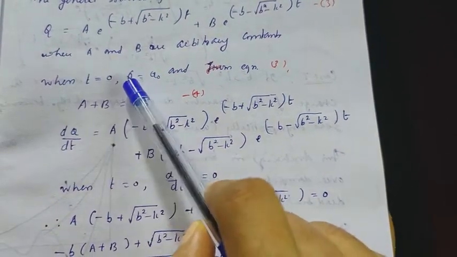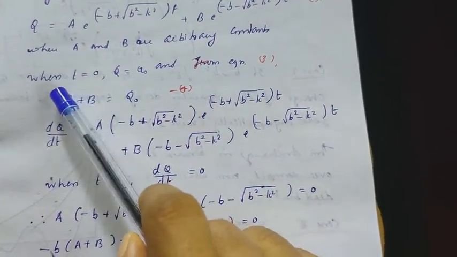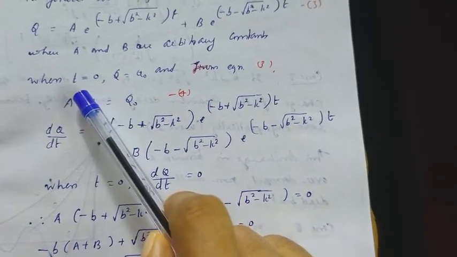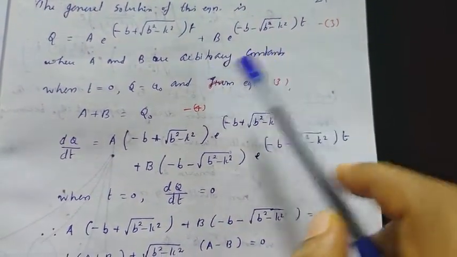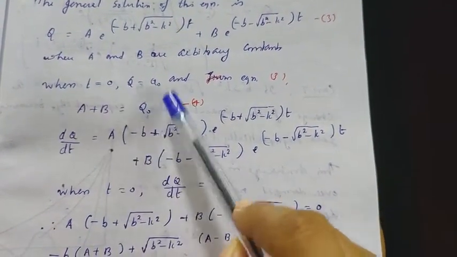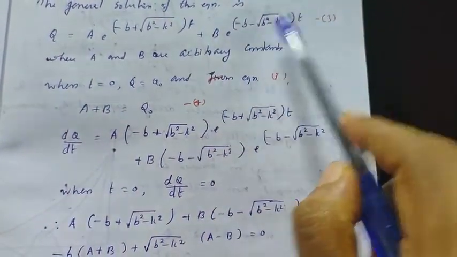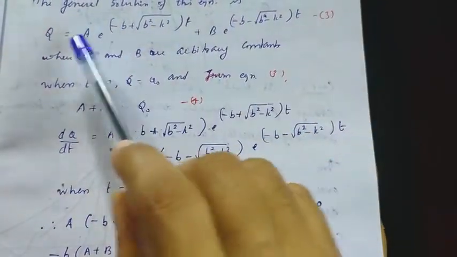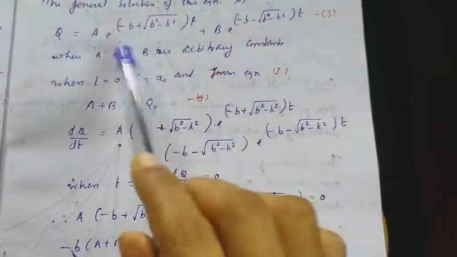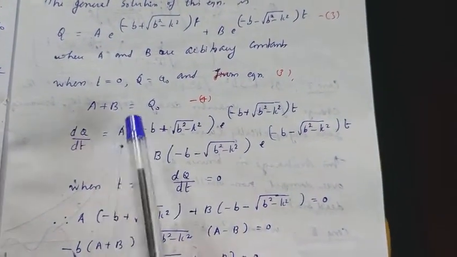When t is equal to 0, we put in the initial conditions. So at t is equal to 0, q is equal to q0, and a plus b is equal to, sorry, a plus b is equal to q0.